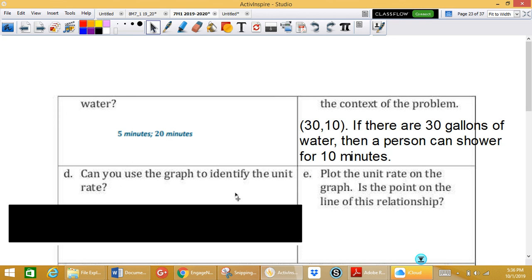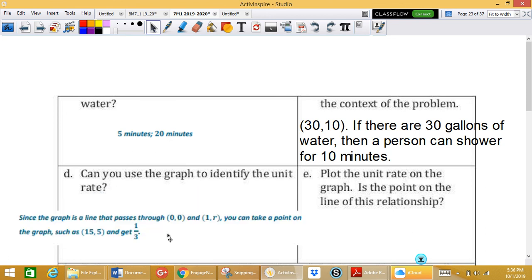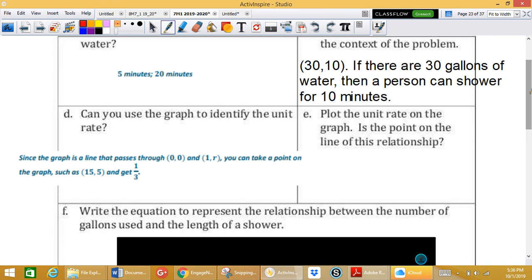Can you use the graph to identify the unit rate? Since the graph is a line and passes through (0, 0) and (1, r), you can take a point on the graph such as (15, 5) to get 1/3. So what we're going to do is we want to know when x is 1.